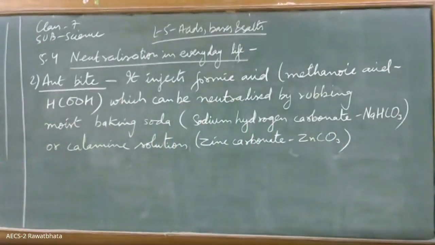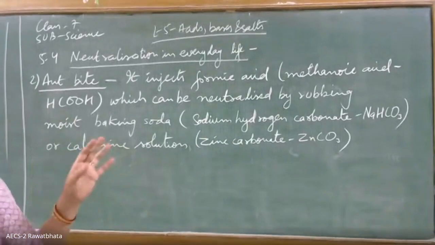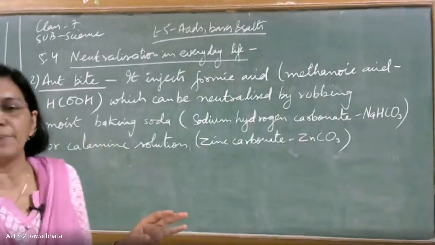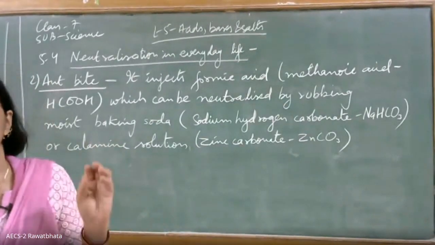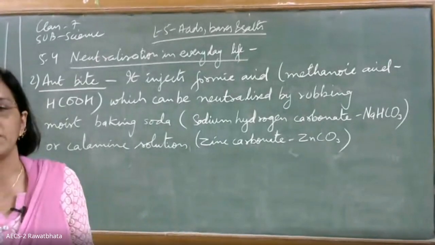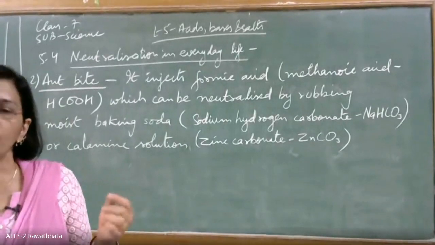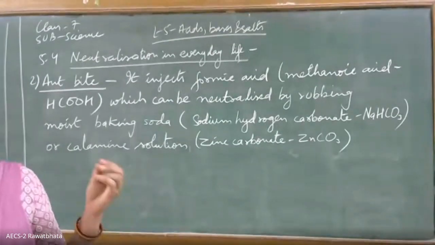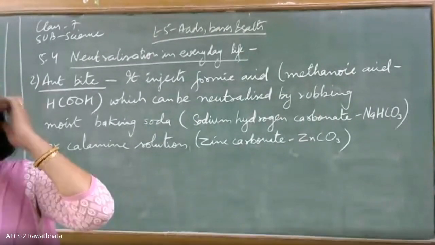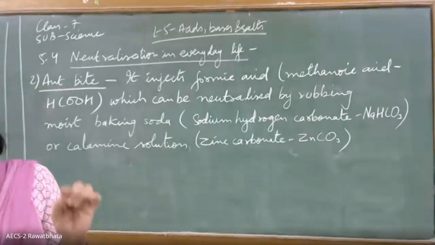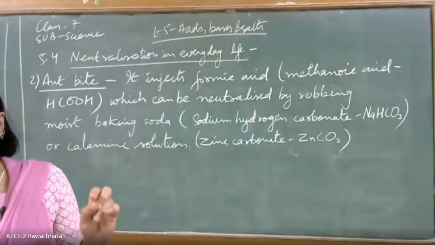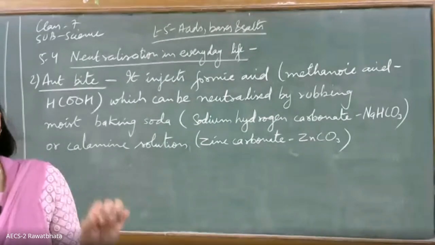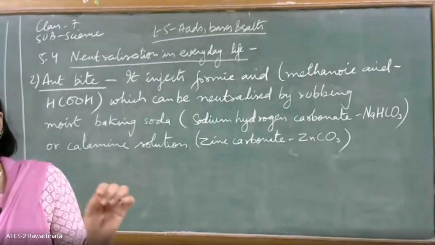So, of course, acid gets neutralized by taking up this base. But remember, in all the cases wherever you want the reaction to happen, we are supposed to use a base along with it in solution. For example, if you simply take a dry sodium bicarbonate powder, that won't be effective. If you want these chemicals to react, you have to take them in solution form, that means along with water.